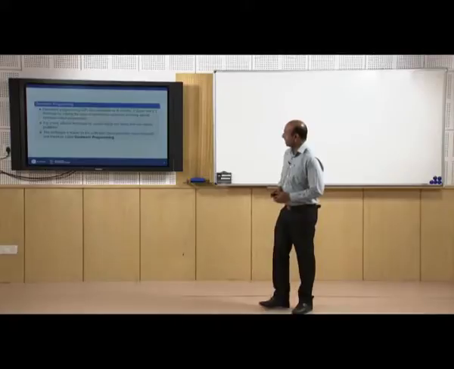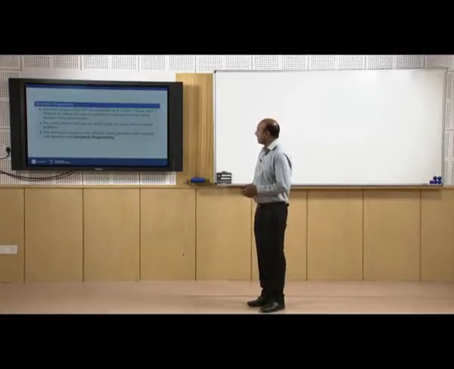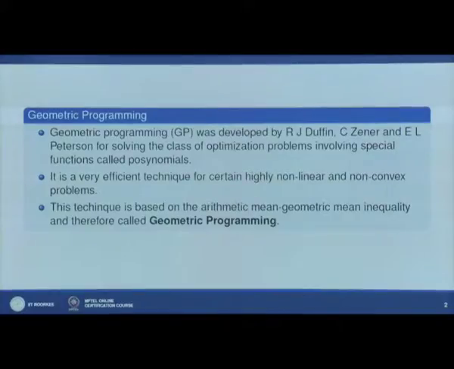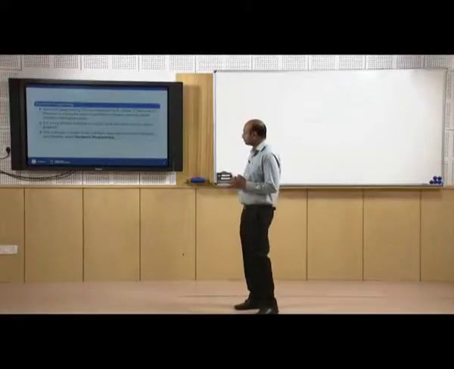Geometric programming was developed by Duffin, Zener and Peterson for solving a class of optimization problems involving a special function called polynomials. It is a very efficient technique for certain highly nonlinear and non-convex problems. If we have a complicated nonlinear problem or a non-convex problem, geometric programming is efficient.